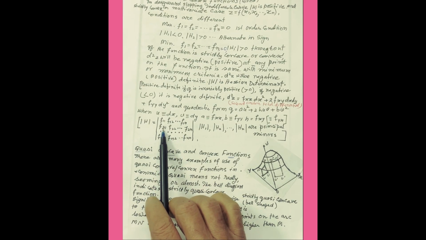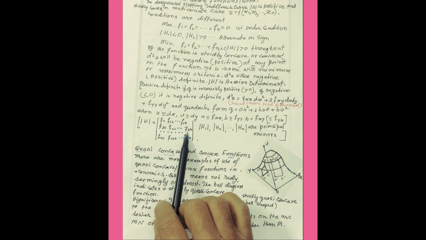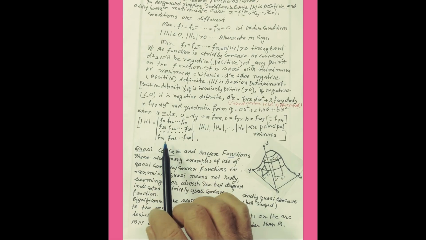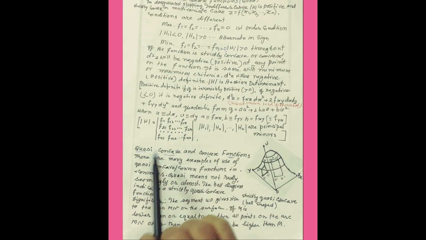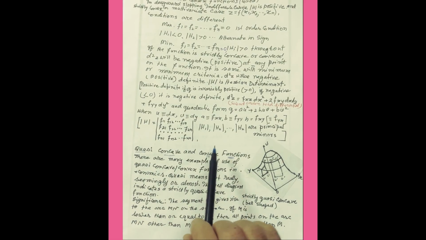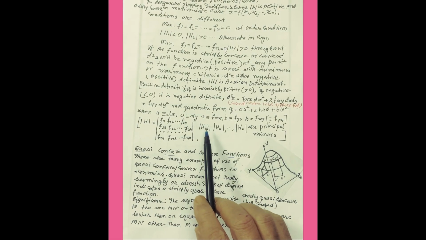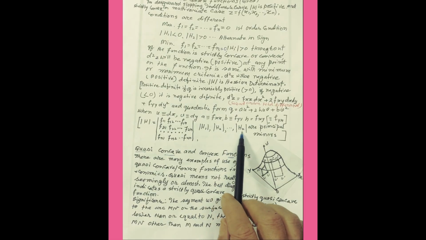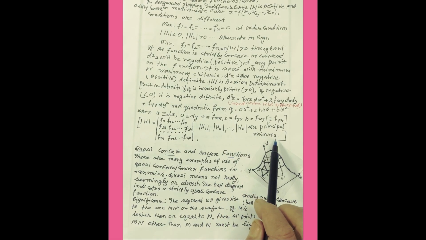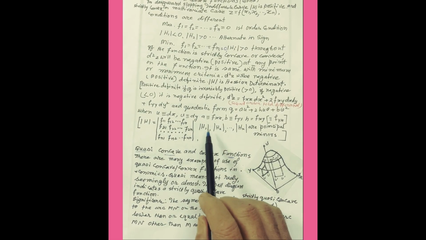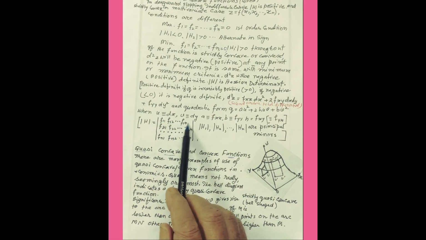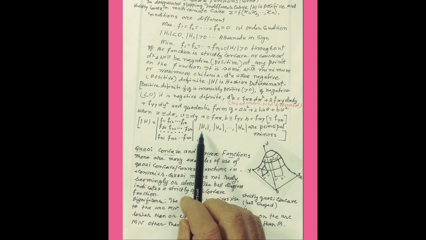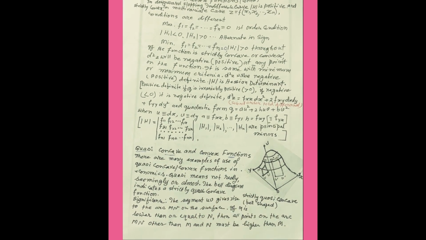So f21, f22, and so on. The determinant of this is the bordered Hessian determinant. Now H1, H2, and so on up to Hn are principal minors. H1 means you delete this row and this column, then the determinant of the rest is H1.